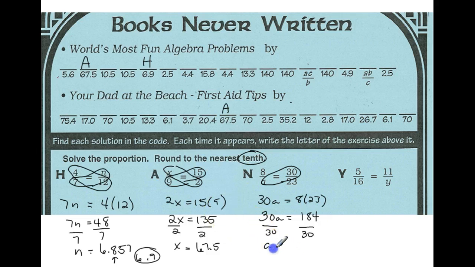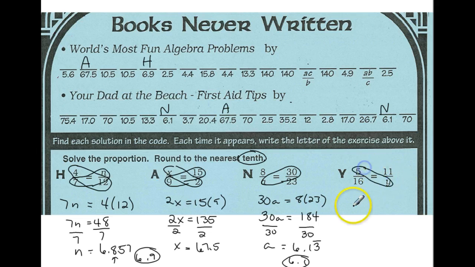And I get A is equal to 6.13 repeating. If I round that to the nearest tenth, I'm going to get 6.1 because the 3 will not round the 1 up. I'm looking for the letter N. Here's a 6.1, and there's a 6.1.